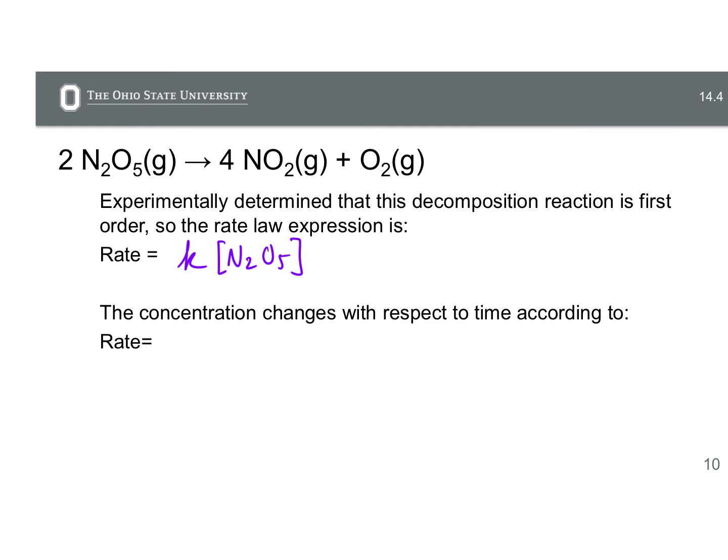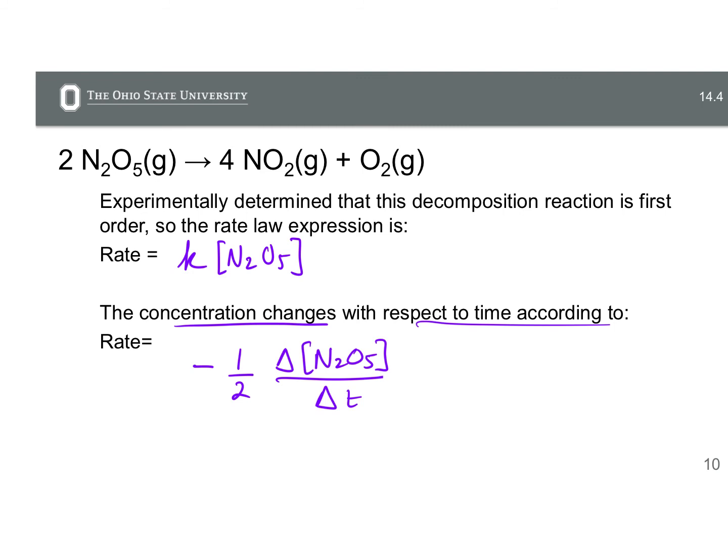But from last time, the concentration changes with respect to time according to rate equals minus 1/2 change in the N2O5 concentration over the change in time. This is where you use that stoichiometric coefficient. Easy place to get confused here, and when to use the stoichiometric coefficient and when not.